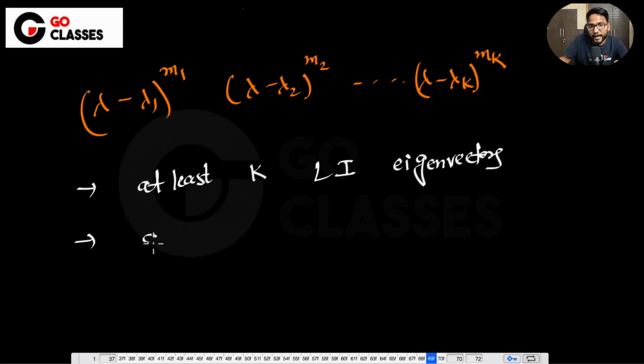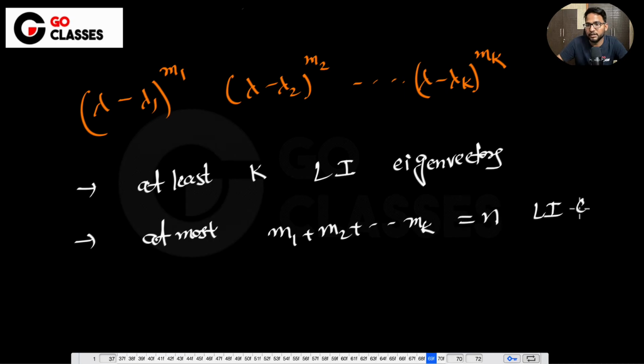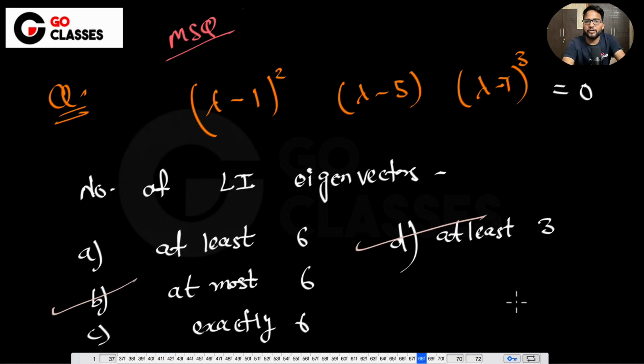And I can say at most, let's suppose the sum m1 plus m2 till mk is n, there are at most n linearly independent eigenvectors, right? So that's how you can understand this particular problem. I hope that is fine to everyone.